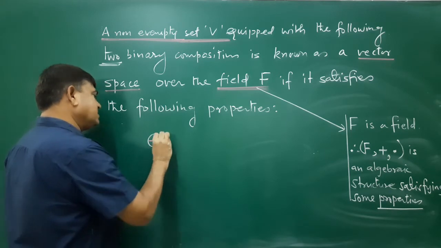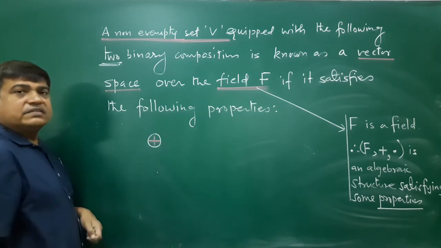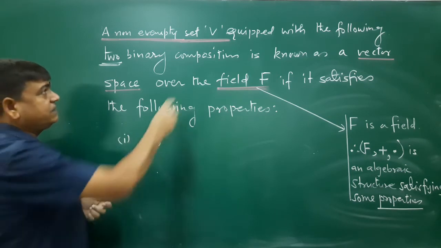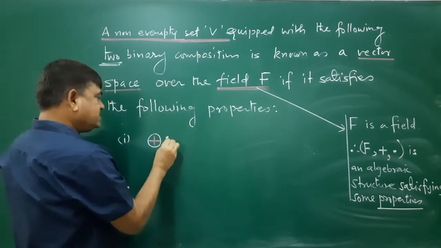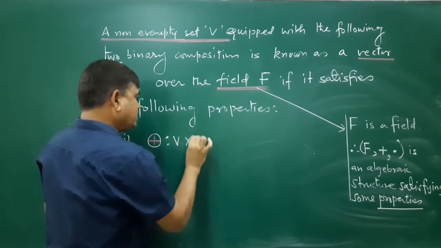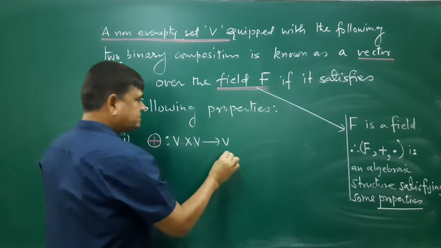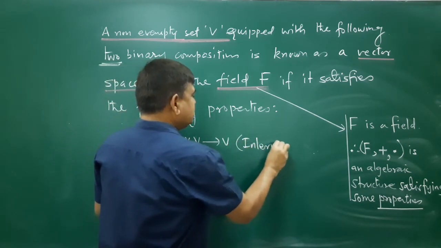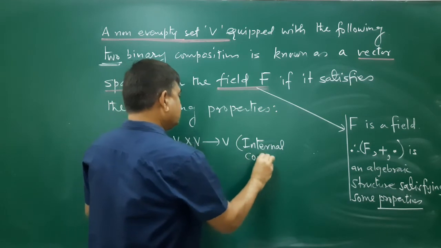I put a circle over it. This is the first binary composition defined in V. It is from V cross V to V. This is internal composition.